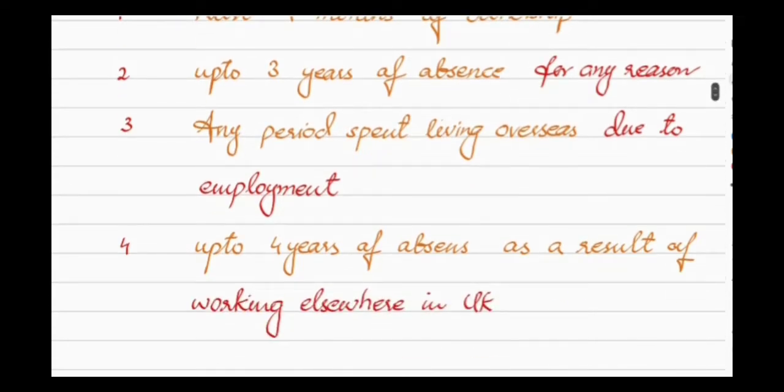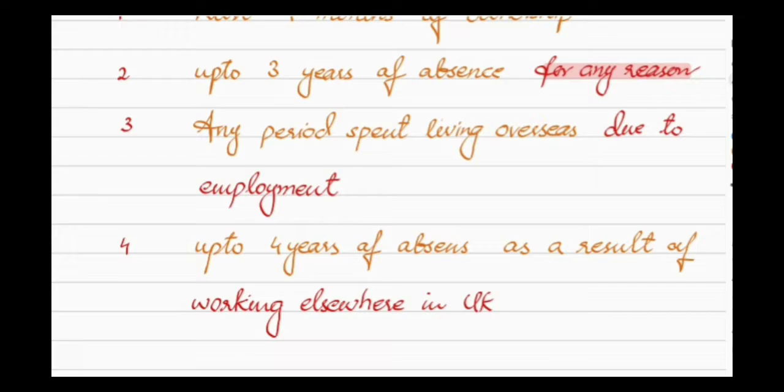Second, up to 3 years of absence for any reason. If a person is absent and has not occupied his house for any reason, it is considered deemed occupied. Third, any period spent living overseas due to employment.